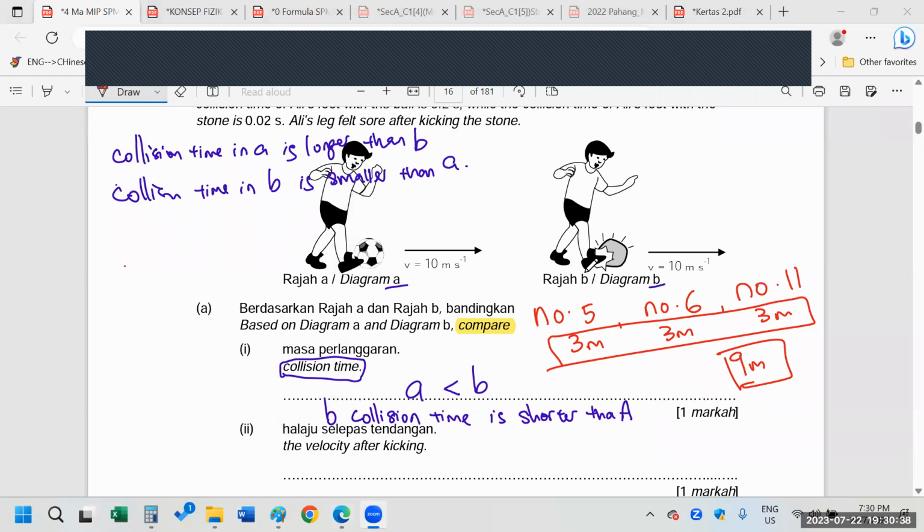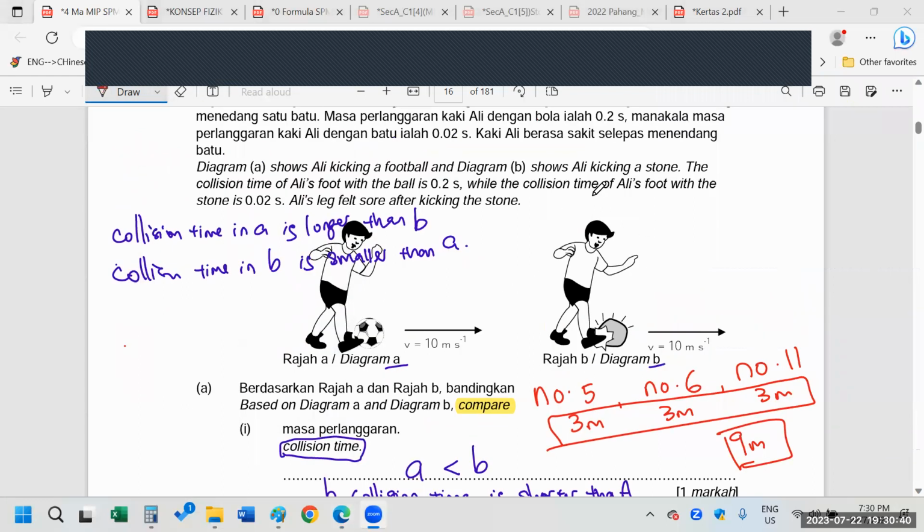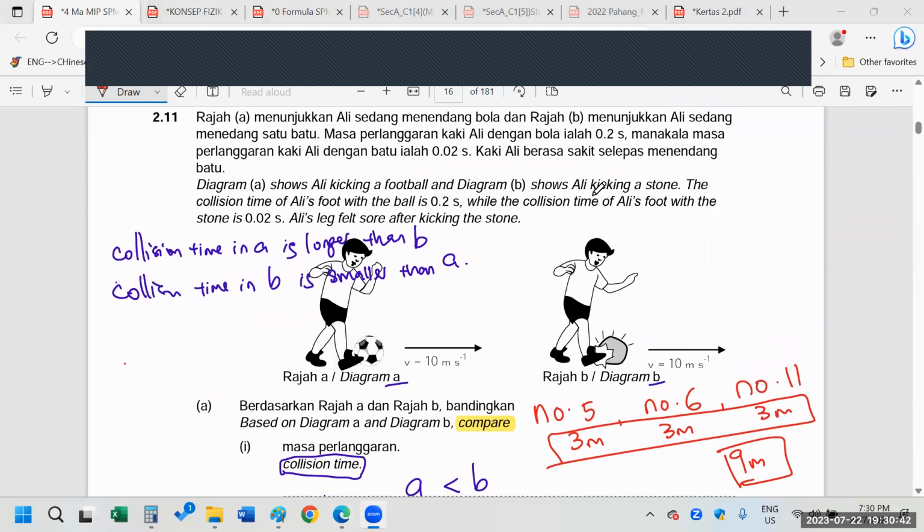Okay, the answer is, oh yeah, actually they already stated here. I just didn't read it just now. So I encourage you to write time for the ball, 0.2 seconds.